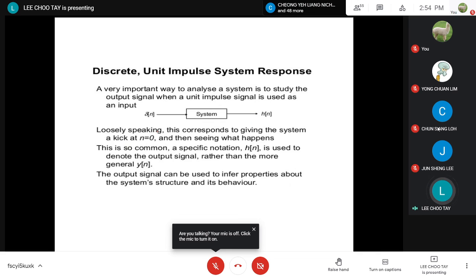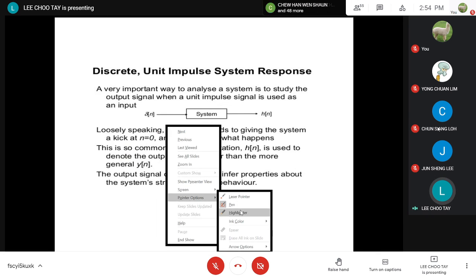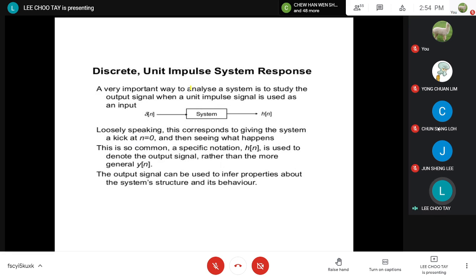As far as the study of a system is concerned, we need to analyze our system by studying the output signal when the unit impulse signal is used as the input. This is a repetition of what I mentioned before.